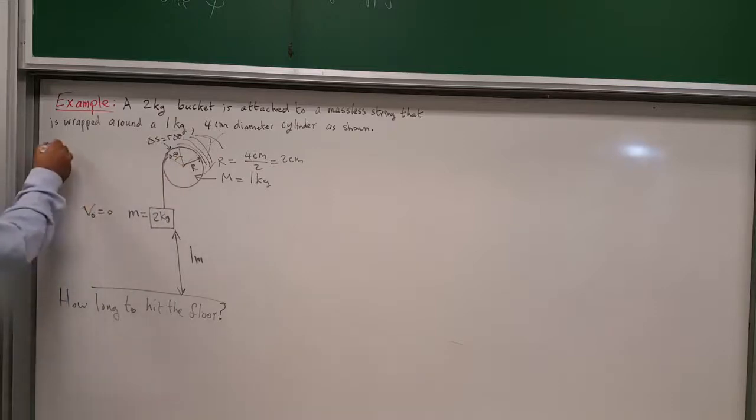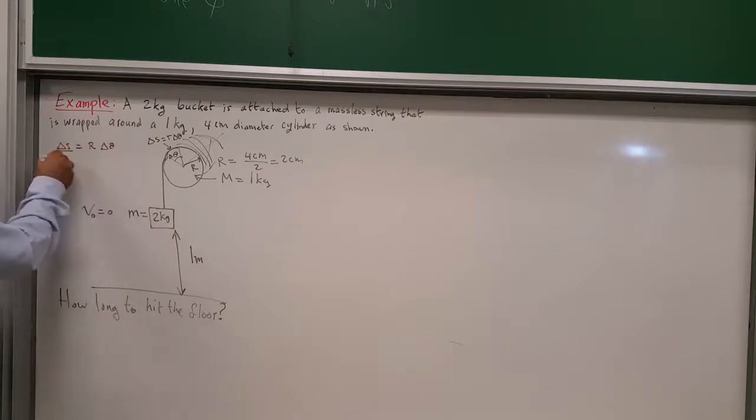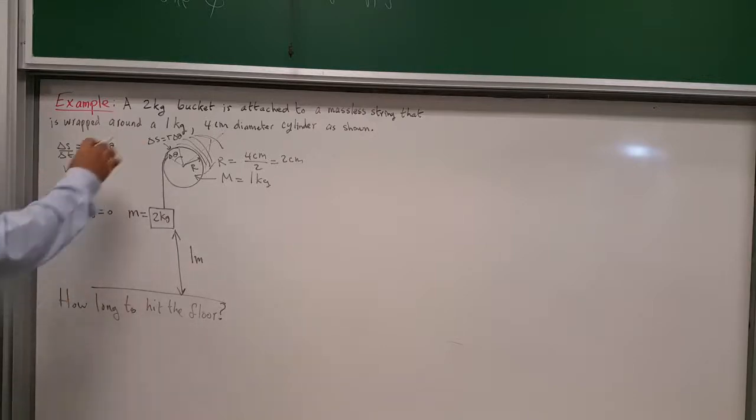So delta S over delta t gives me the velocity. That's the tangential velocity, equal to R times delta theta over delta t, which is omega. And we get the familiar R omega if the rope is released.